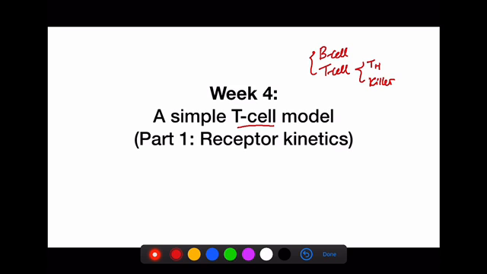Immunology, because of this complexity, has used mathematical modeling to understand and simplify these processes.